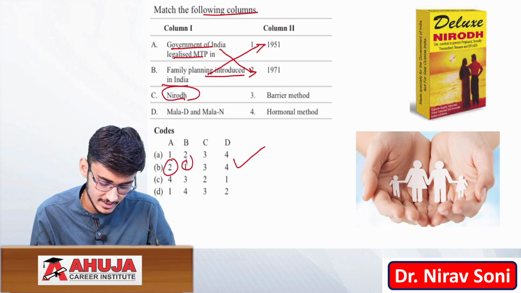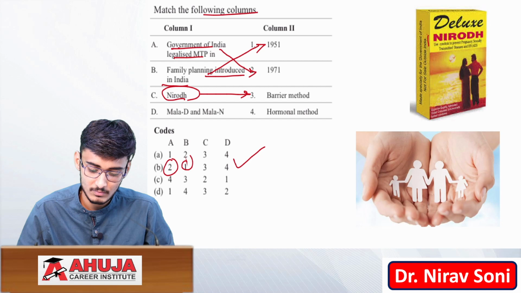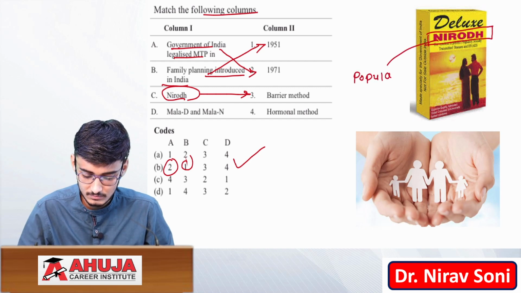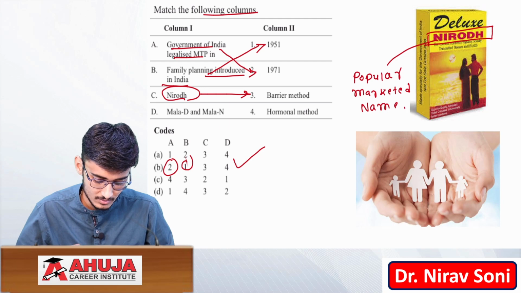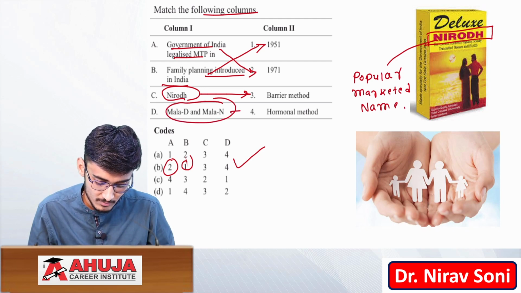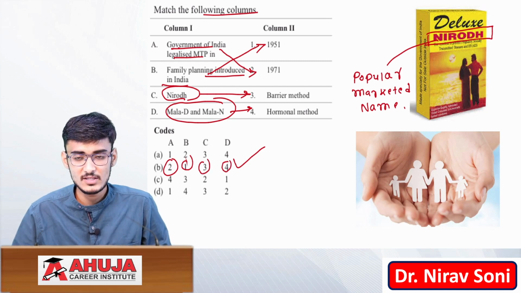Nirodh is a barrier method. Nirodh is one type of condom, a popular marketed name in India. And Mala D and Mala N are both hormonal methods. The option B should be right over here.